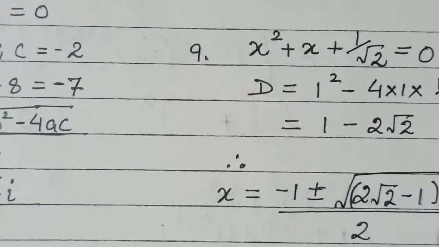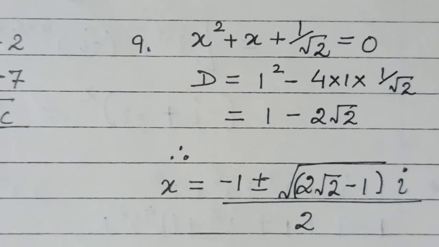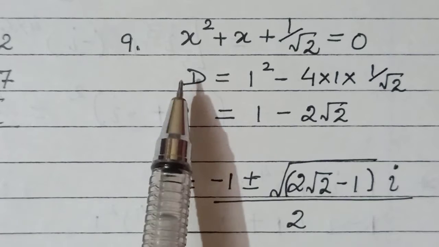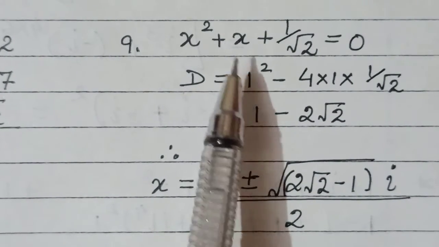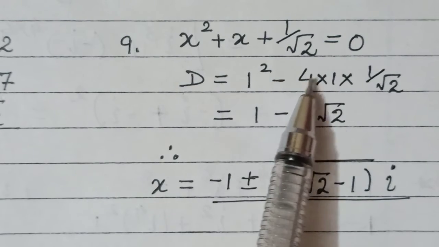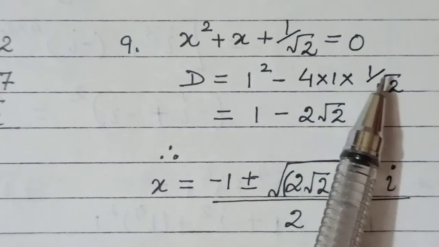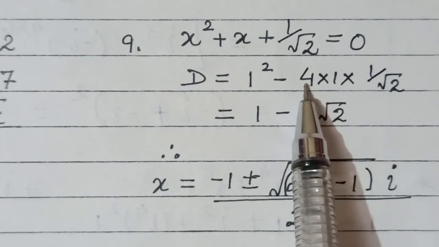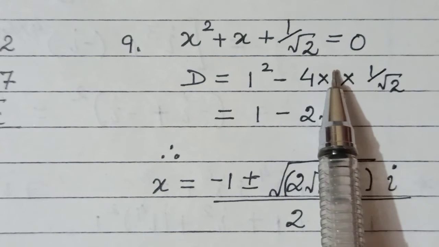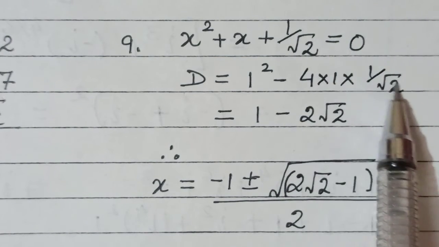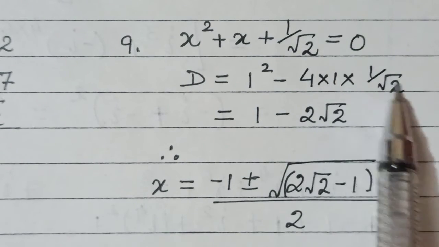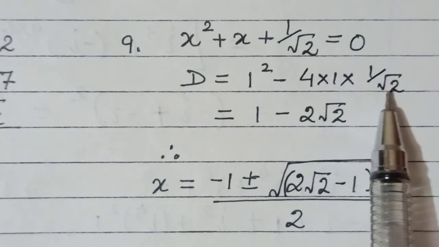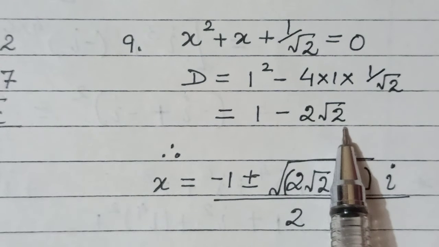Then there was this example, the ninth one. Again evaluating D first, that's b square, which is 1 square, minus 4a, where a is also 1, c is 1 by root 2. This 4 we can split as 2 into 2, and then one of the root 2 gets cancelled. Every 2 is root 2 square, so one root 2 cancels, so 4 divided by root 2 is 2 root 2.